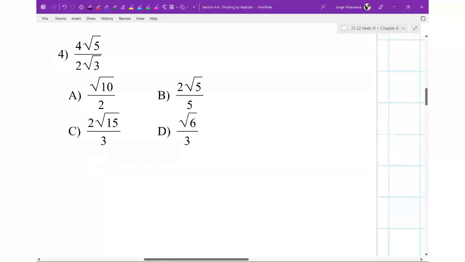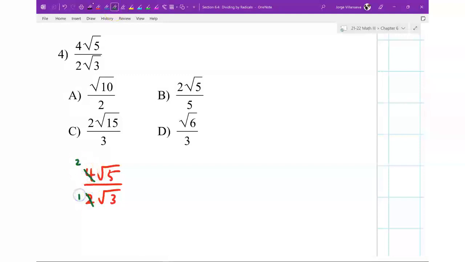So 4 radical 5 over 2 radical 3. The very first thing I would do, after I write down the problem here, 4 radical 5 over 2 radical 3, I'm going to reduce 4 over 2, that's 2 over 1, right? I can reduce that. This will become a 2. This will become a 1.